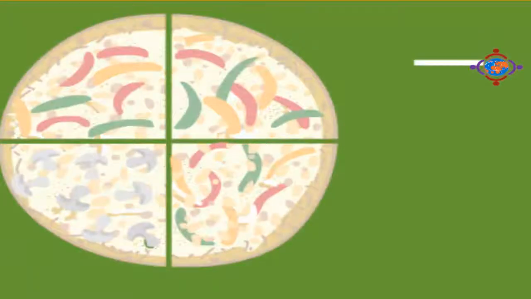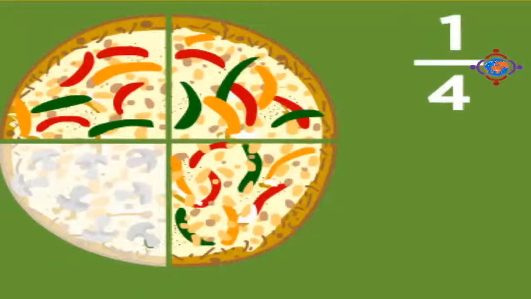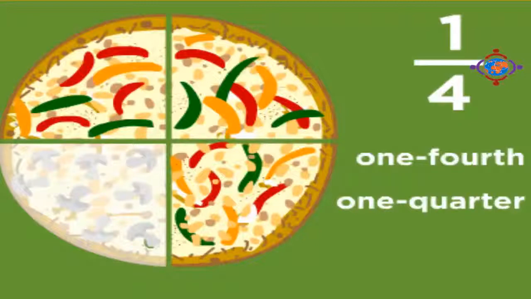There are 4 equal slices. So 4 goes on the bottom of the fraction in the denominator. 1 slice has mushrooms, so 1 goes at the top of the fraction in the numerator. 1/4 of the pizza has mushrooms.